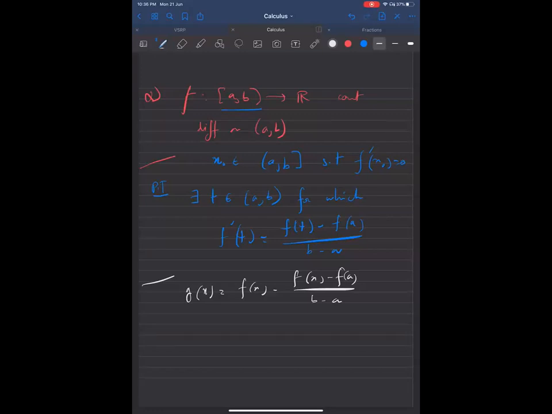Just take cases on x naught and a, stuff like that.